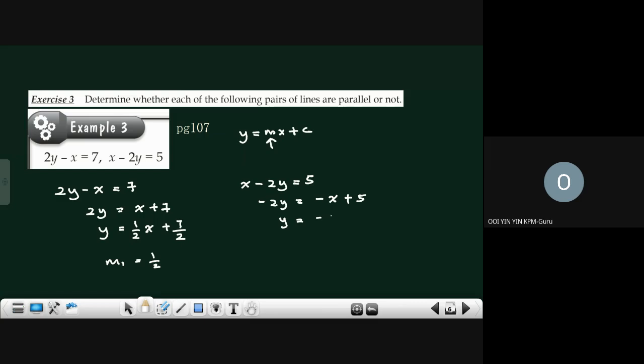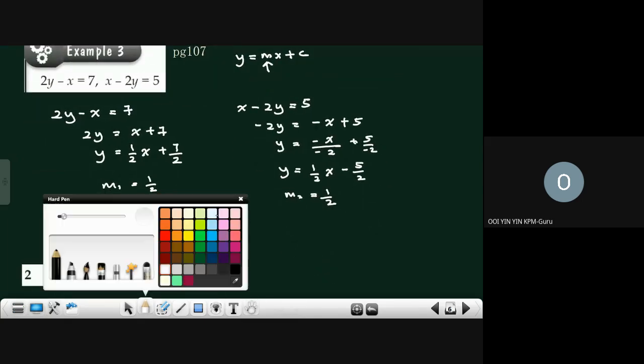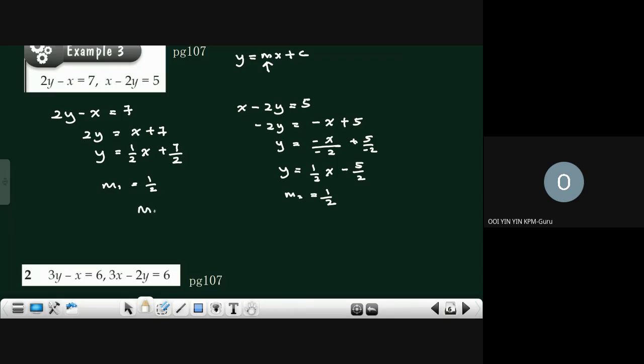Negative divided by negative is positive, so you get 1 over 2x, and positive 5 divided by negative 2 becomes negative 5 over 2. So your m2 here is 1 over 2. When you compare these two m together, you find that m1 equals m2, which is 1 over 2.